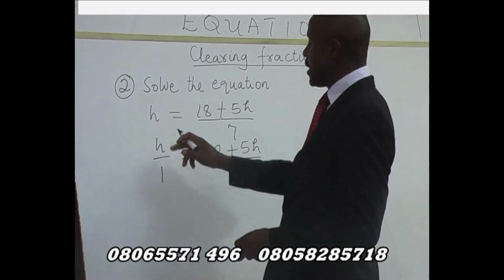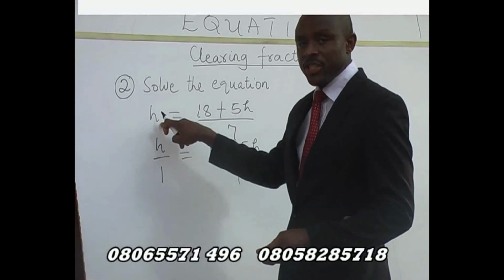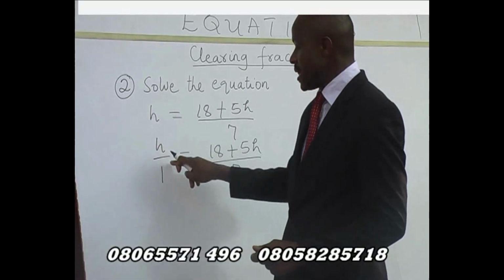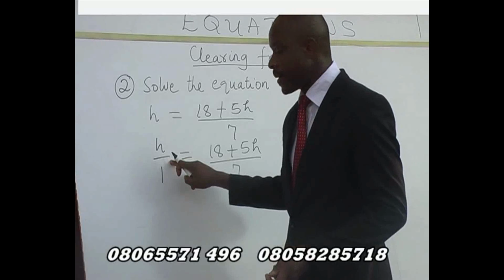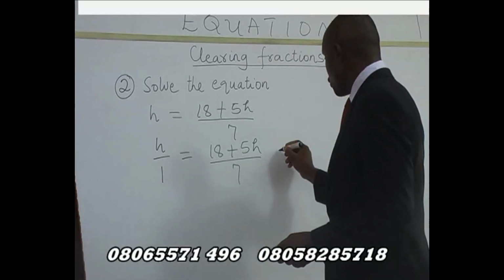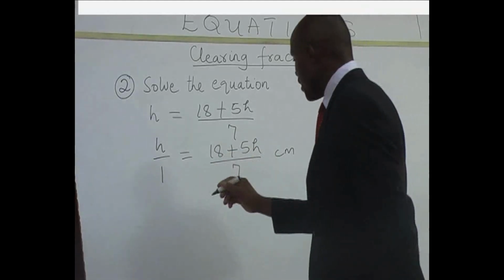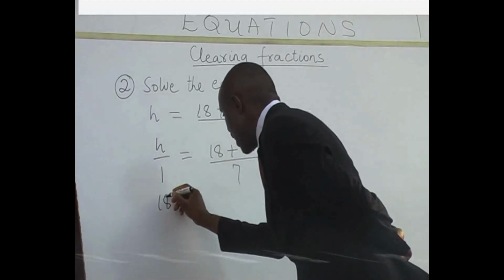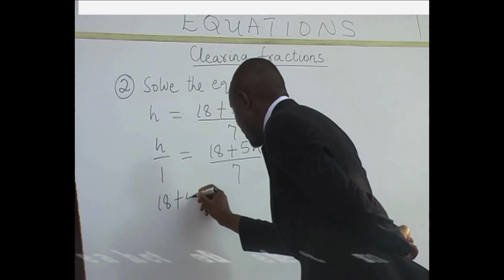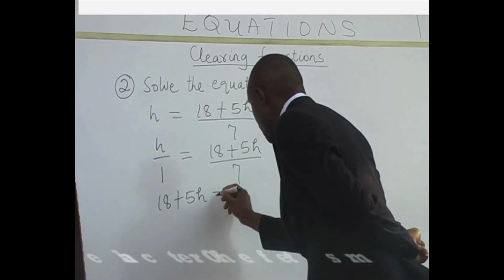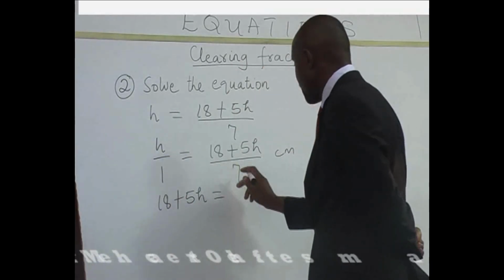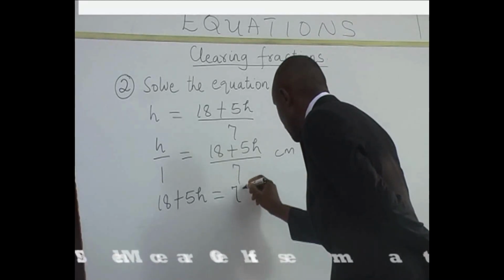I only wrote h in its fraction form, that is h all over 1. Now we are going to cross multiply. 1 times all the things we have here will give us all the things we have there, which is 18 plus 5h, which will now be equal to h times 7, which will give you 7h.